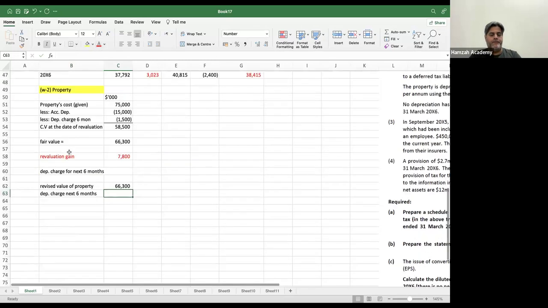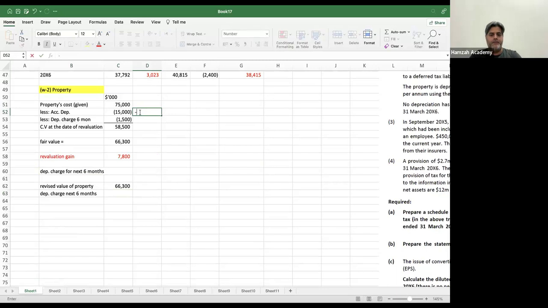Now we have this 15,000 over here, which shows 15,000 by 1,500. That's 10 years, right? So we have this, not 10 years rather, this is the 6 months depreciation for the year.